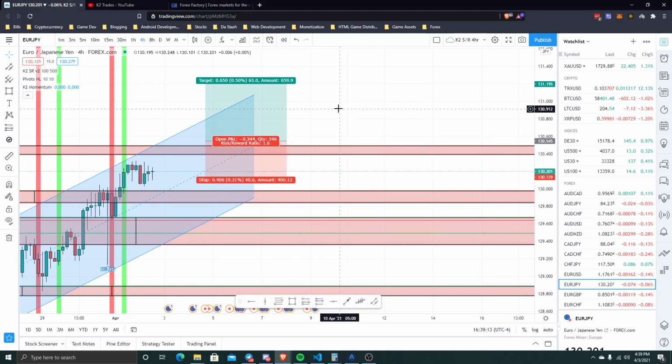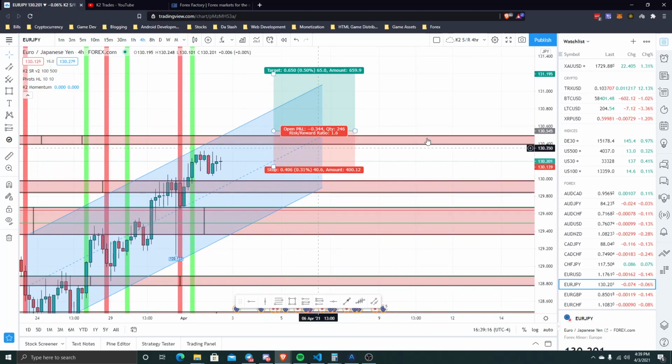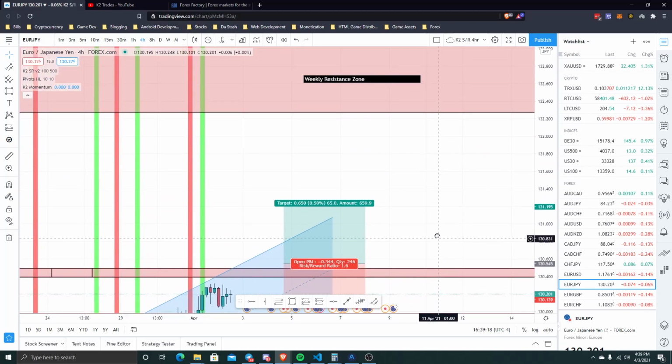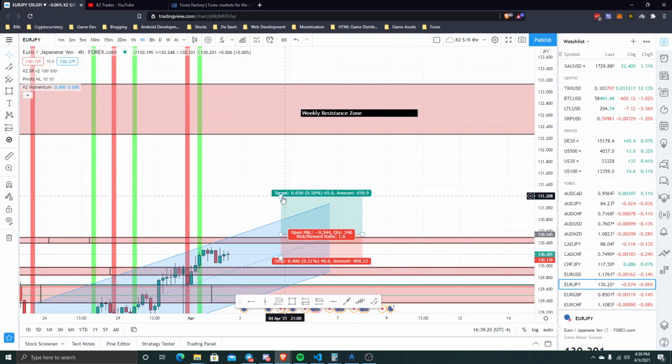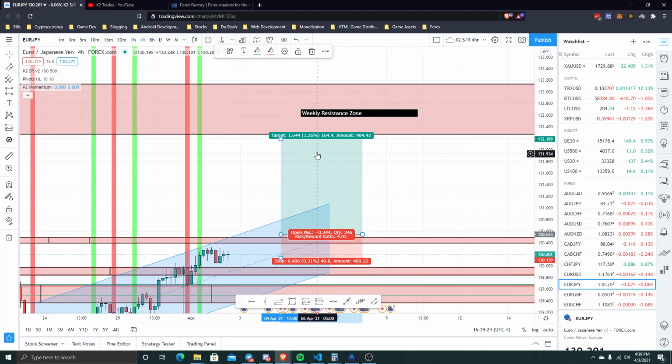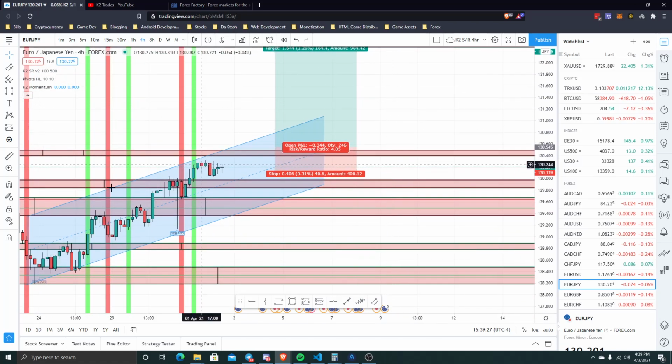So yeah, like I said, I won't take a trade until we break past this zone right here. And like I said, we can easily shoot up for 150 plus pips until we touch the weekly resistance zone. So I think it's going to continue to move up during the upcoming week.